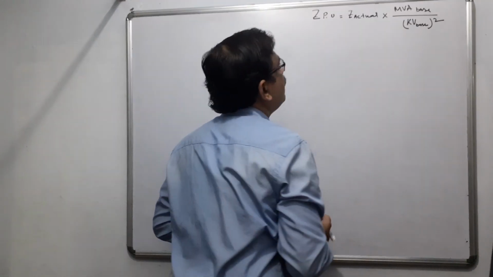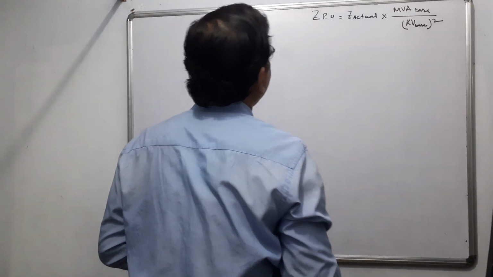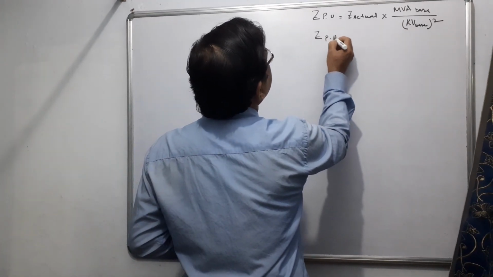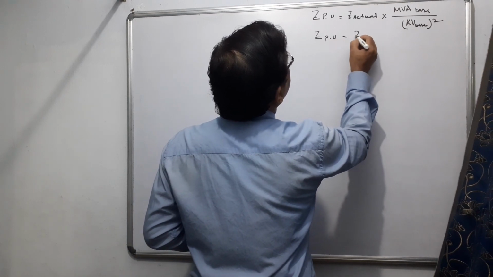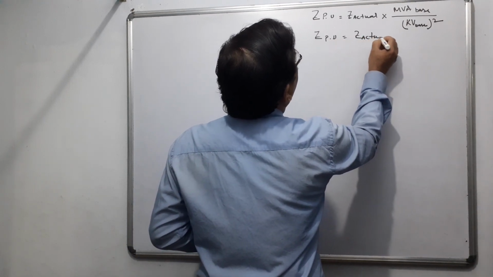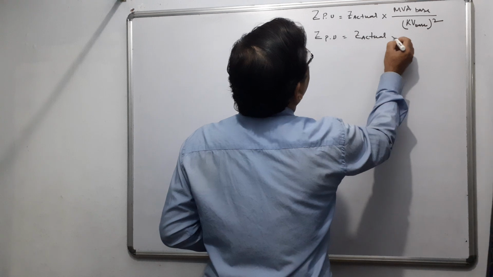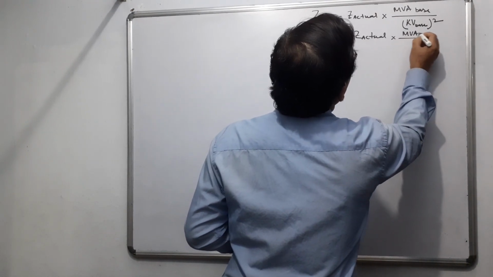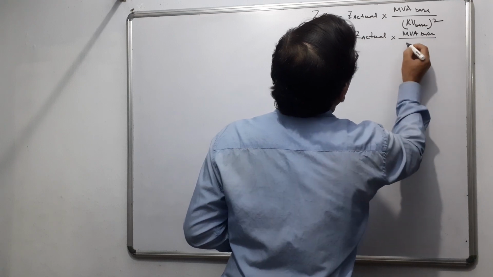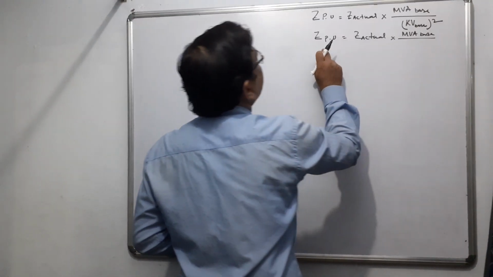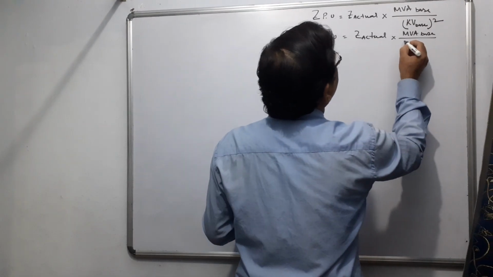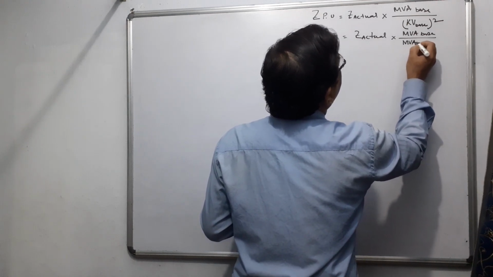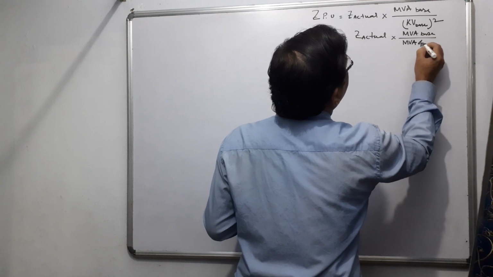One thing we can apply, and another thing, Z per unit equals Z actual value into MVA base by device own base, MVA of device.